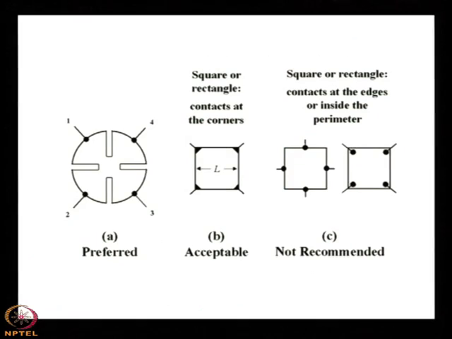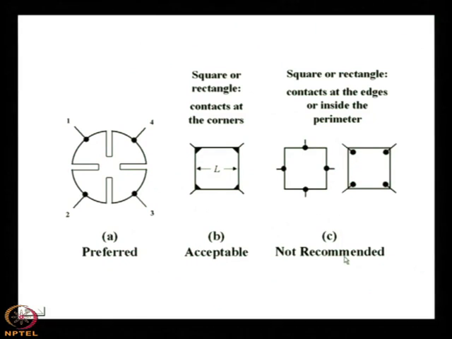Yes, this is the configuration of the ohmic contacts for the Van der Pauw configuration. See, if this is a circular sample, these are the contacts, so that is preferred. In the corners, it is acceptable for a square or rectangle, but for a square or rectangle, contacts at the edges or inside the perimeter are not recommended.